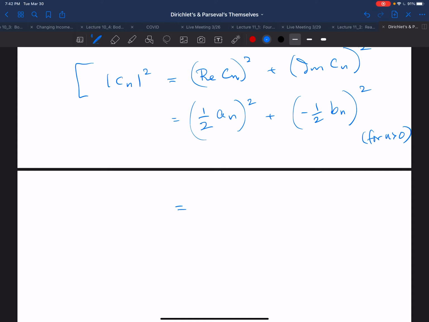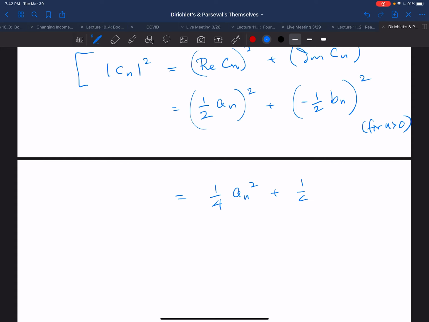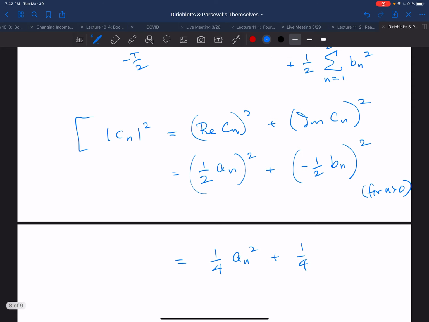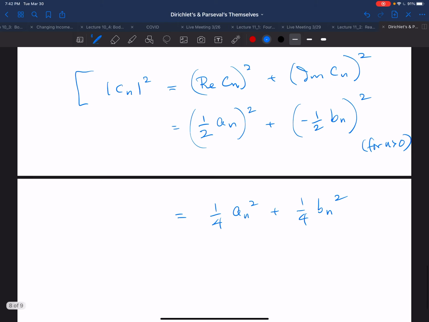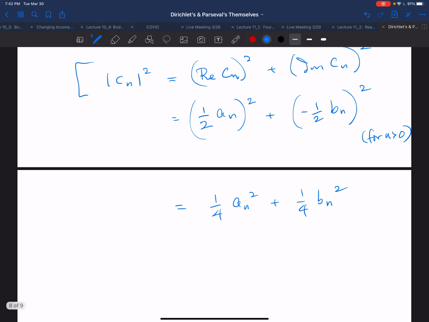So this is going to give us 1/4 a sub n squared. And this will give us 1/4 b sub n squared. And now I've forgotten to take account of c sub minus n.